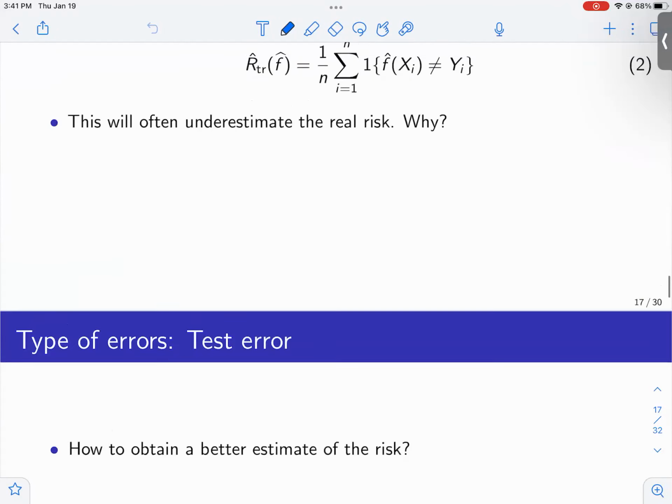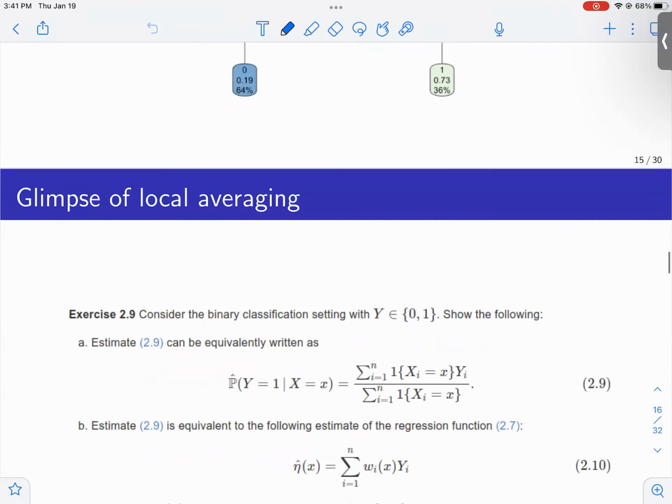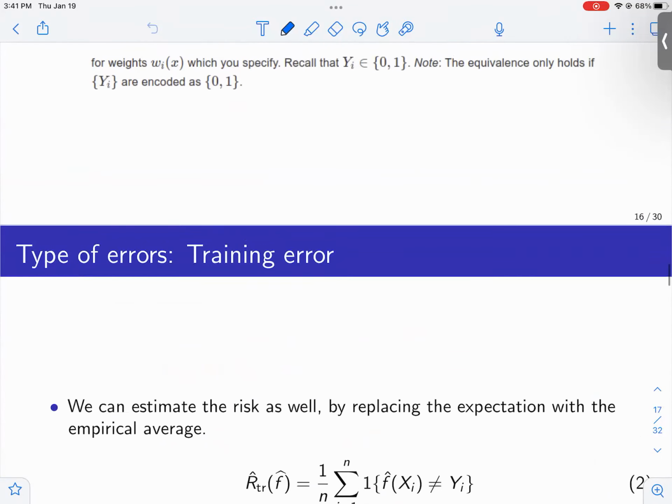Suppose my classifier is f hat of x is 1 if x is female, 0 if x is male. So that was the conclusion of the classifier that we trained.